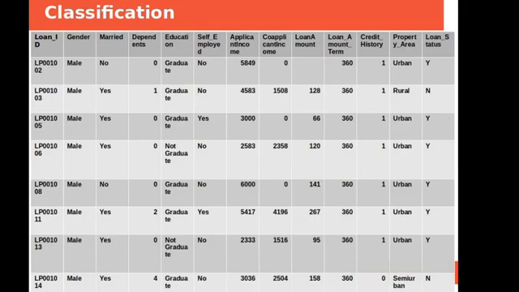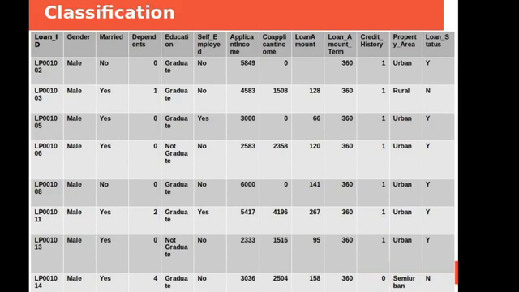Moving ahead, for example, this is my credit risk file. It has 13 attributes. If you can see, there is a loan ID, gender, whether the person is married, whether he or she has dependents, the education status, whether the person is self-employed, what the income is, whether there is a co-applicant, what the income of the co-applicant is, what the loan amount requested is, and what the term in months for the loan is, whether the person has a credit history or not, and to which area the person resides, whether an urban or a rural setting.